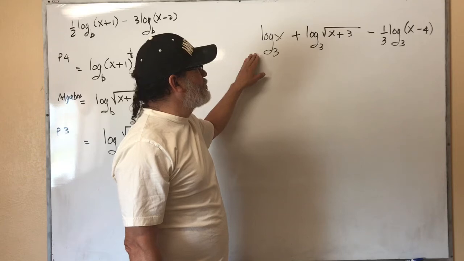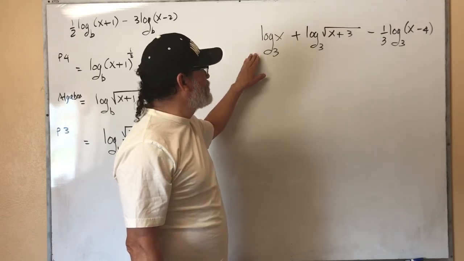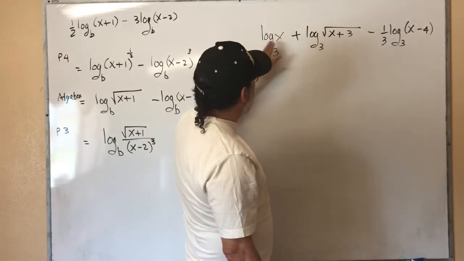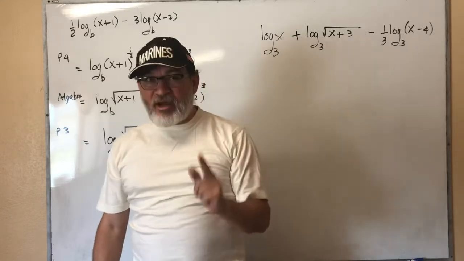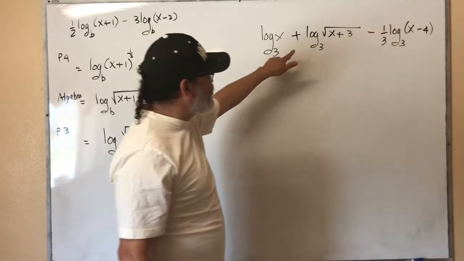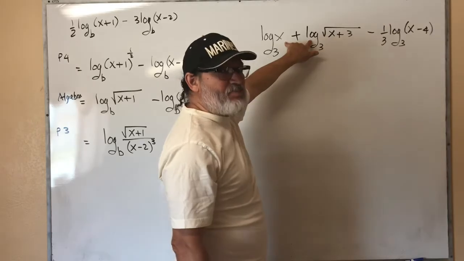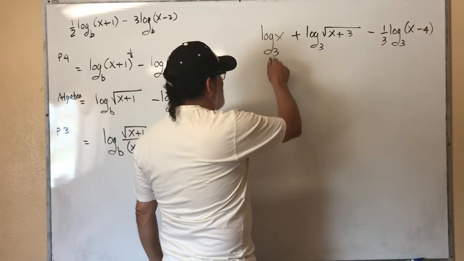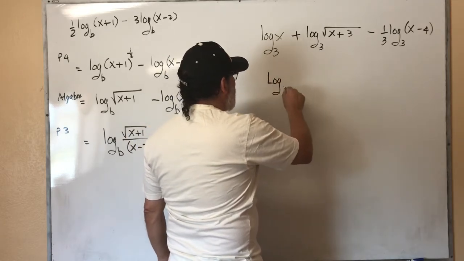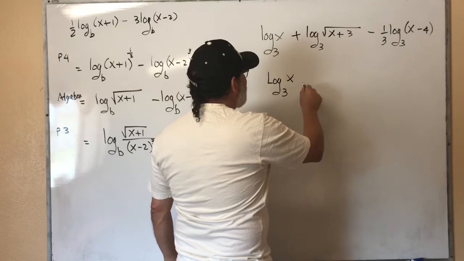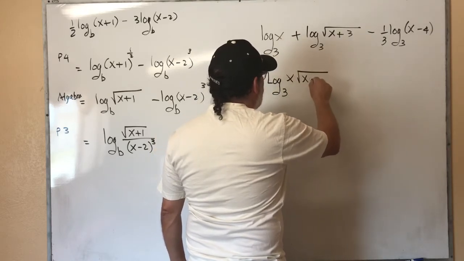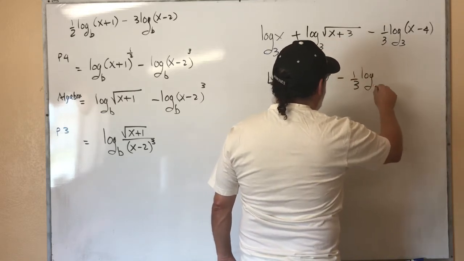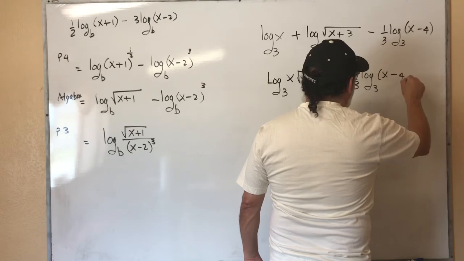All right. The first step I'm going to do is, you see this sum? The sum of the logs is the log of the product. So let me take the first 2. I'm going to express this as a product. Okay. So this is log base 3 of x times the square root of x plus 3 minus 1/3 the log base 3 of x minus 4.